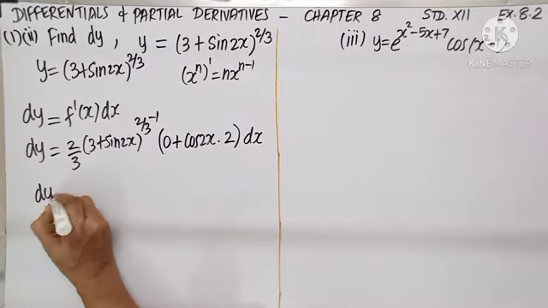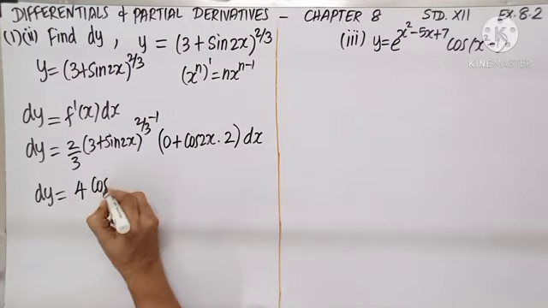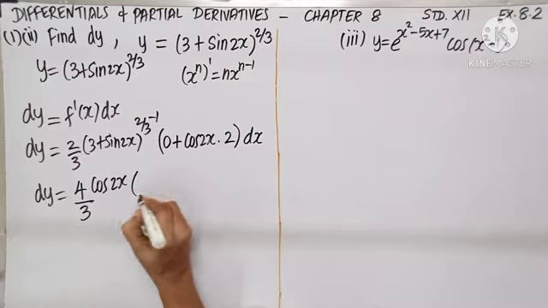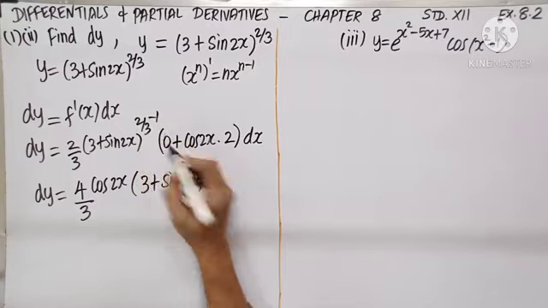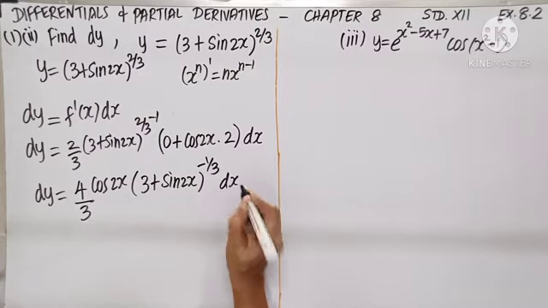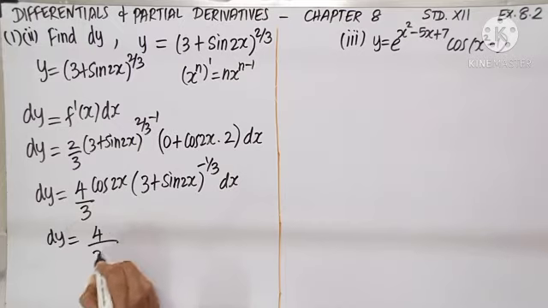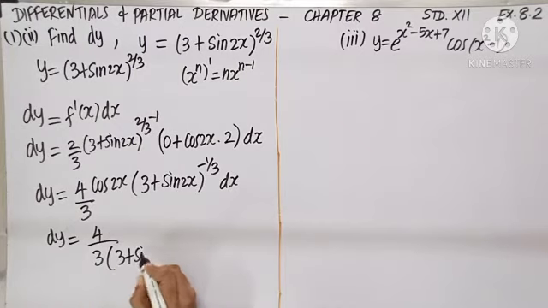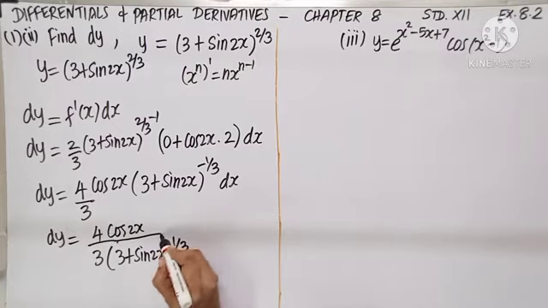Now we will simplify and write 2 into 2, 4 cos 2x divided by 3 into 3 plus sine 2x the whole power 2 by 3 minus 1, that is minus 1 by 3, into dx. Leave the answer like this or bring the negative power to the denominator: 3 plus sine 2x power 1 by 3. The numerator we have 4 cos 2x into dx, and that is the answer.